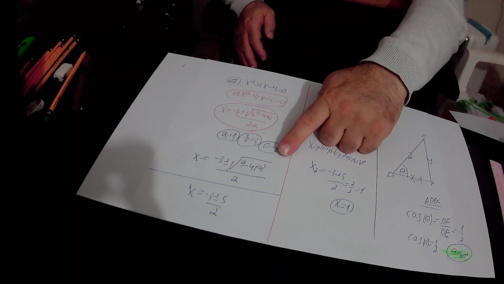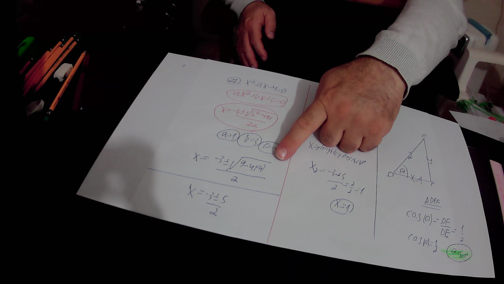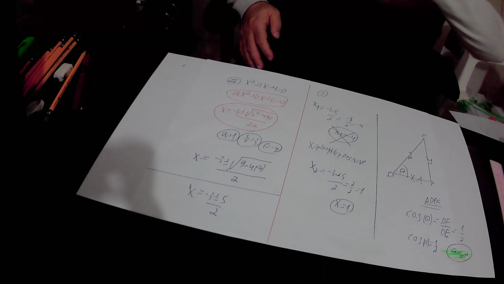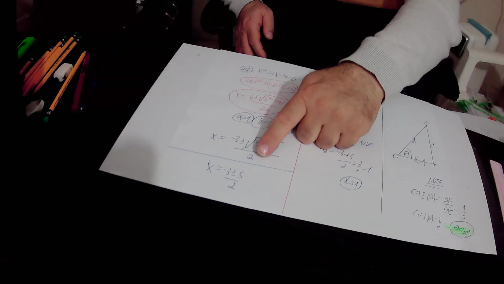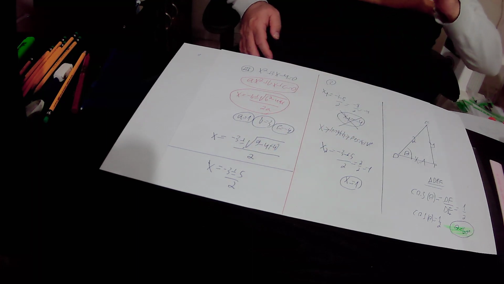Minus 4 times minus 4 is plus 16. 16 plus 9 is 25, and the square root of 25 is 5. So we found that x equals minus 3 plus or minus 5 over 2.